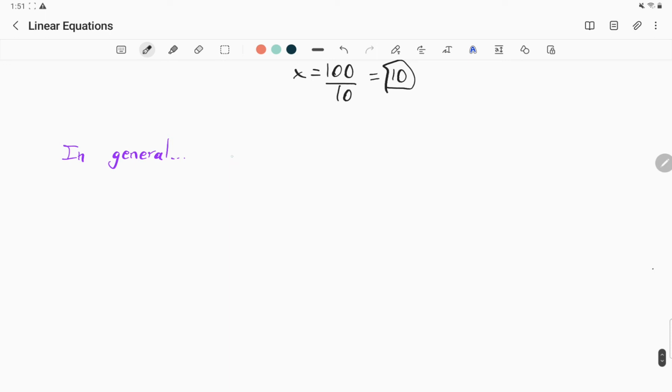In general, how do we do this for everything? We've done 4 examples, which is good. How do we do it for all types of questions like this?